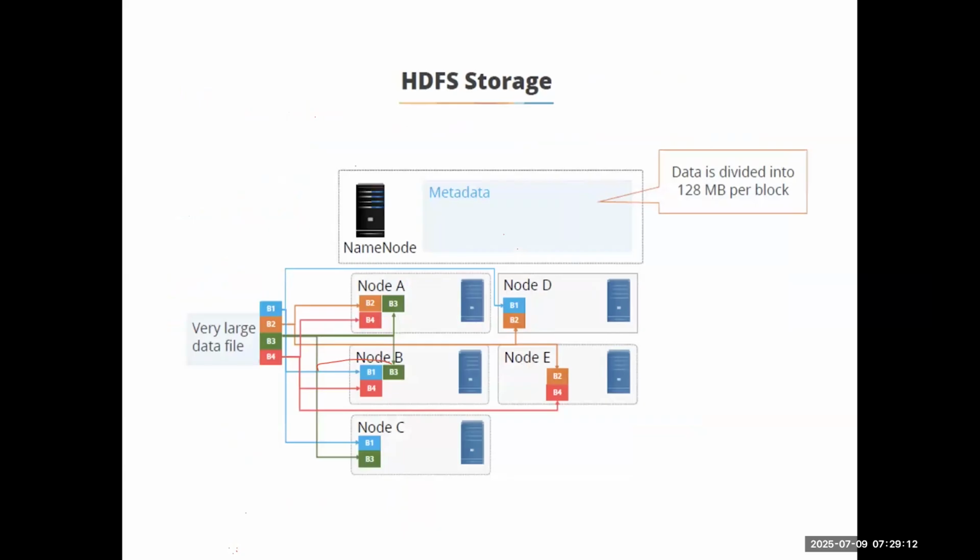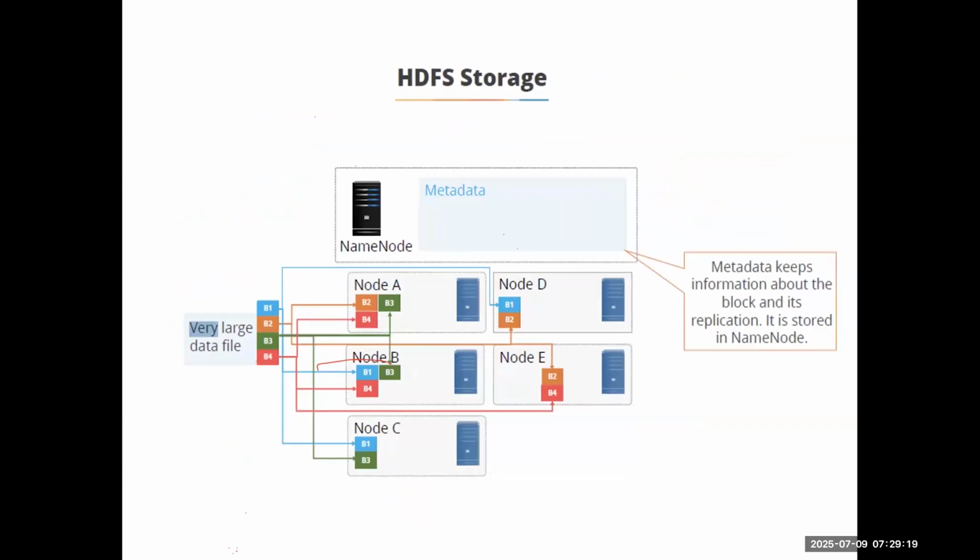See here it is mentioned, data is divided into 128 MB per block. I told you about metadata. The name node stores all that information, and we call it the metadata. What is metadata? Metadata is data about the data.